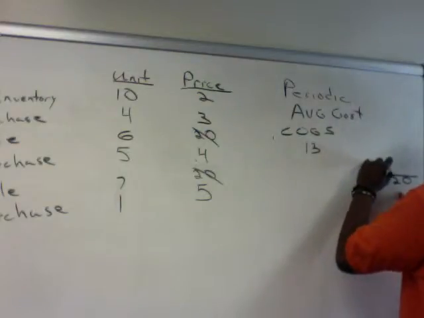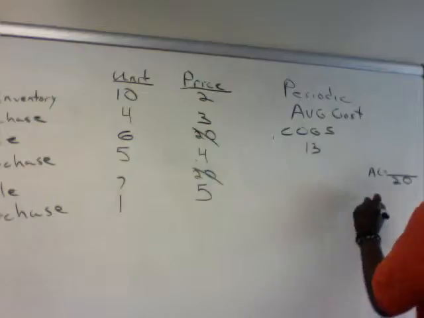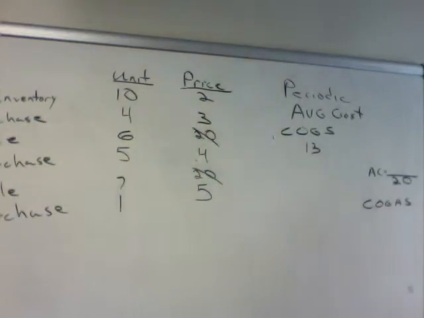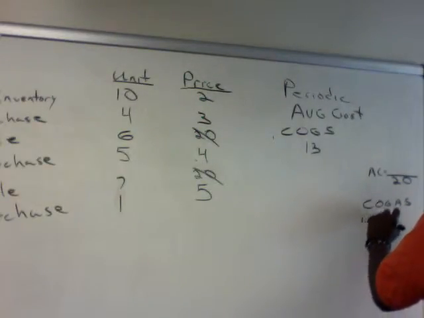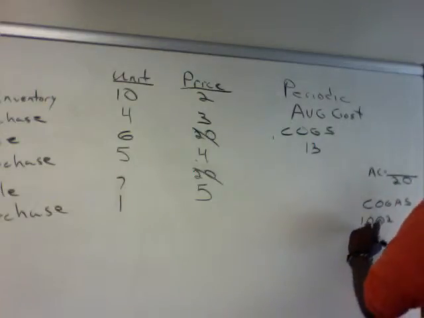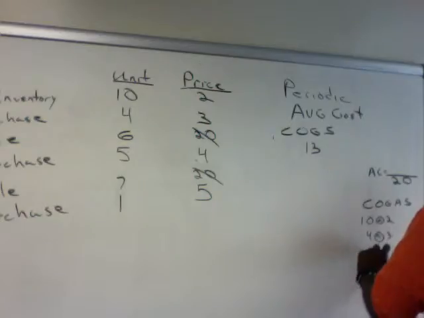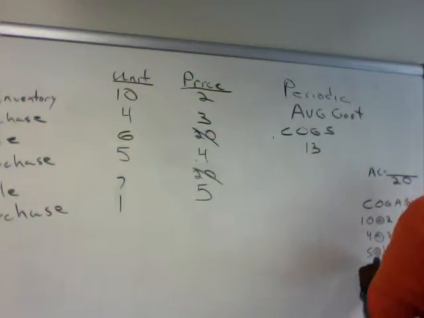Your numerator to calculate the average cost would be the cost of those 20 units. And so right under here, we're going to simply tally up the cost of our 20 units, right, that we had available. So we had some beginning inventory, 10 at 2. We had a purchase of 4 units at 3. We had a purchase of 5 units at 4. And we had a purchase of 1 unit at 5.